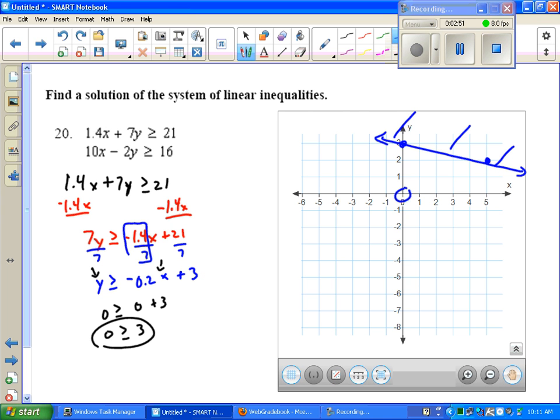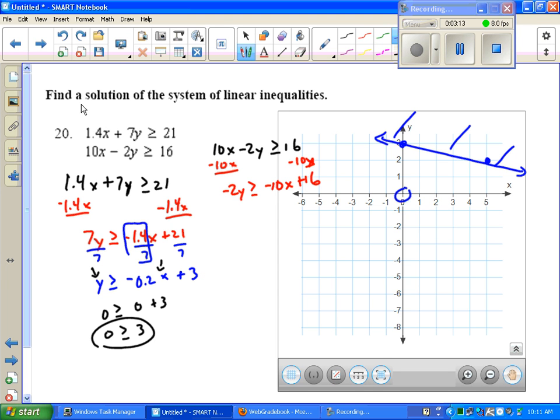The other one, we need to take 10x minus 2y is greater than or equal to 16. Get rid of positive 10x by subtracting it. Do the same thing to the other side. And it leaves you with negative 2y is greater than or equal to negative 10x plus 16. This one is a little more user-friendly for us.